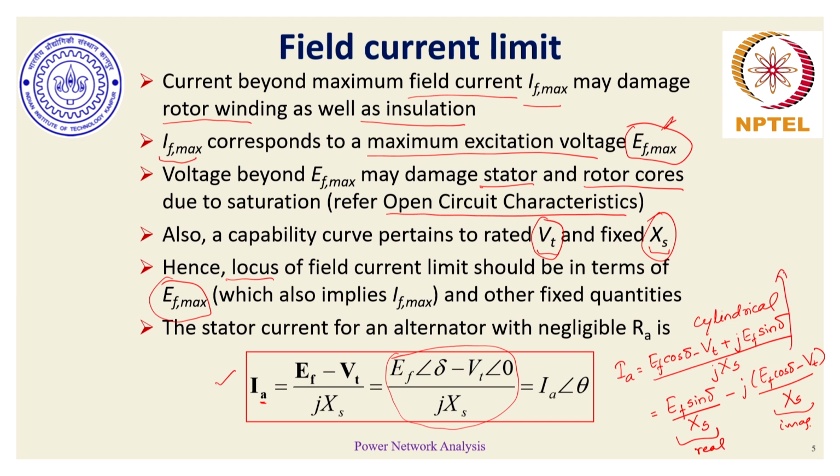Let's say we take the square of the modulus of Ia. So |Ia|² should be equal to the square of this real term, plus the square of this imaginary term.